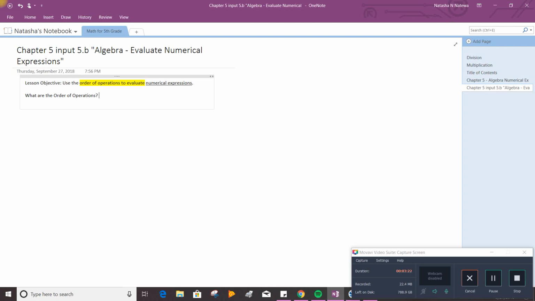Well, what is an operation? An operation includes addition, subtraction, multiplication, and division. But there are also 2 extra ones. So I'm going to give you a little hint.